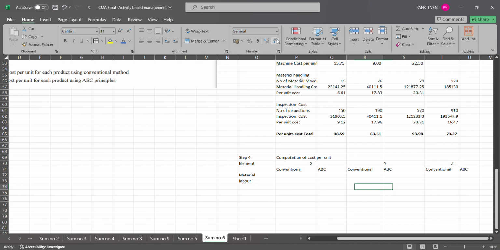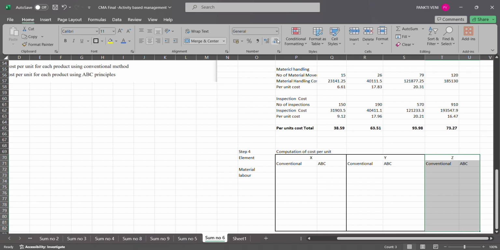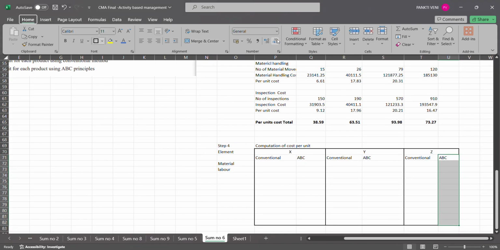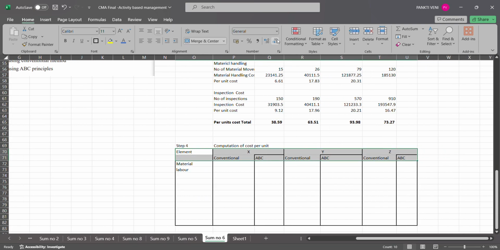Now what I'm supposed to do is answer as per the conventional system and as per the ABC system. So let me prepare this table and let us answer what is as per the conventional system and what is as per ABC.